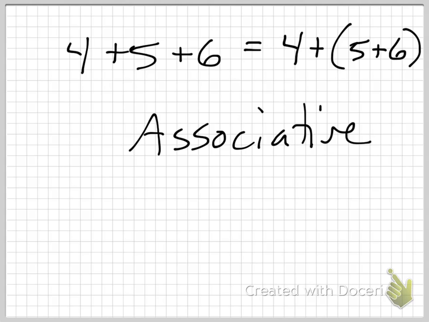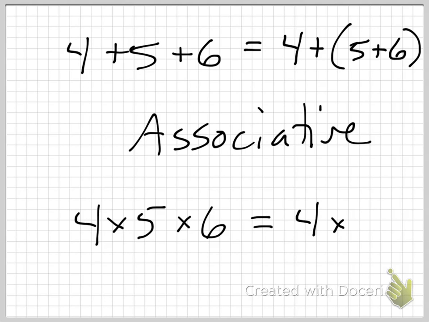It's the same exact rule for multiplication. If I have 4 times 5 times 6, what is 4 times 5 times 6? 120 is the same thing as 4 times 5 times 6, because what's 5 times 6? 30 times 4, 120. Again, it doesn't matter which ones you do first.